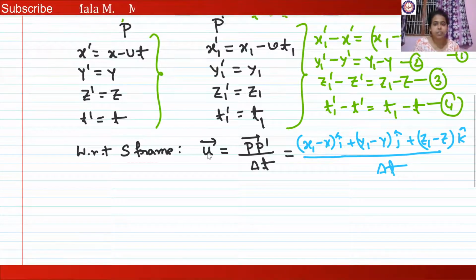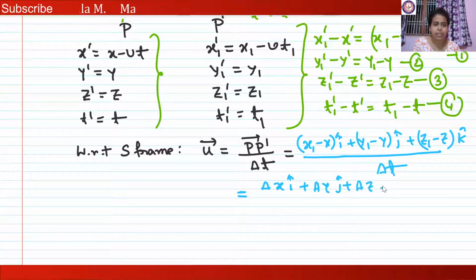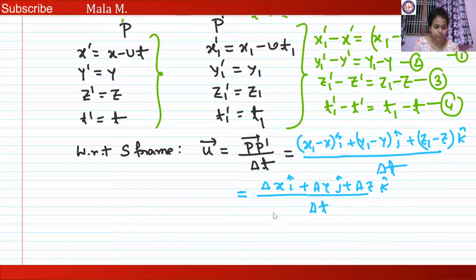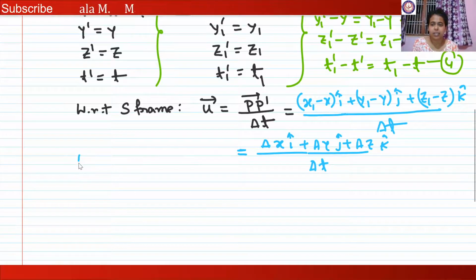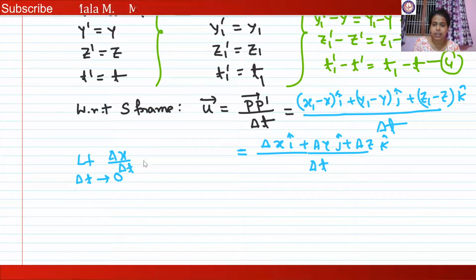Now if the displacement is small, we can simply write this as delta x i cap plus delta y j cap plus delta z k cap by delta t. Now in the limiting condition, that means limit delta t tends to 0, delta x by delta t becomes dx by dt.